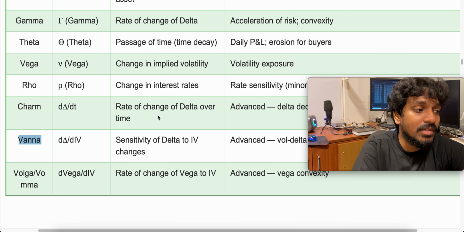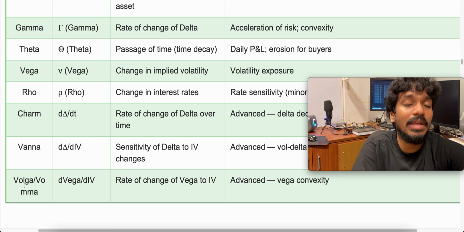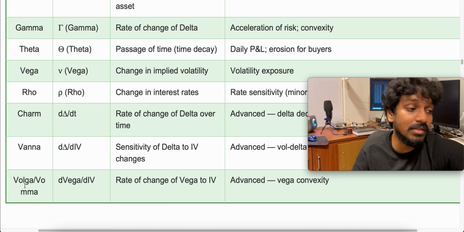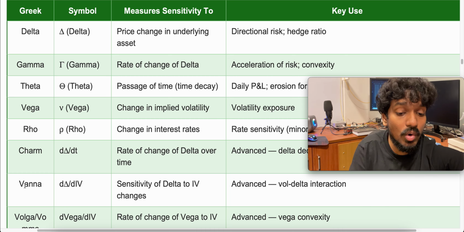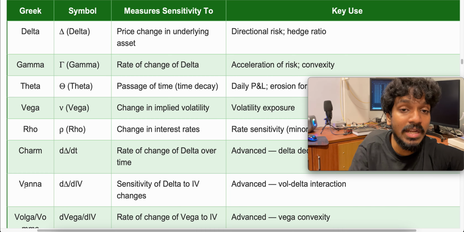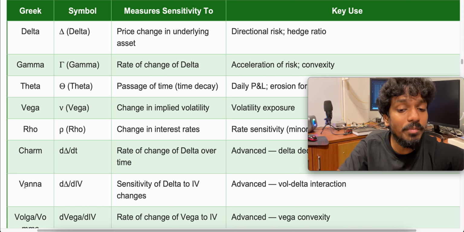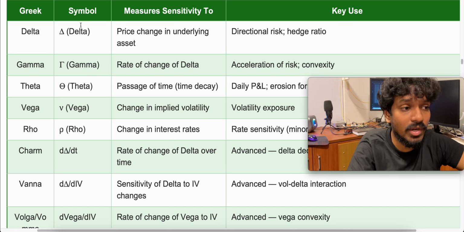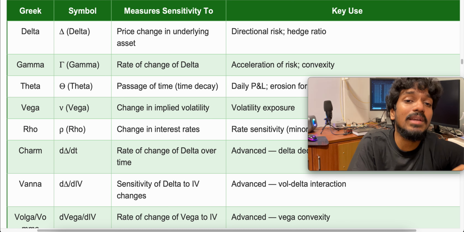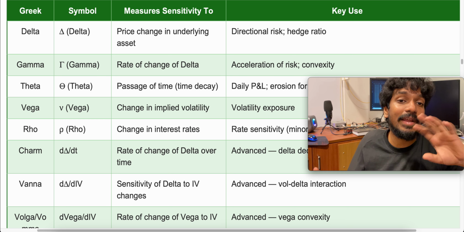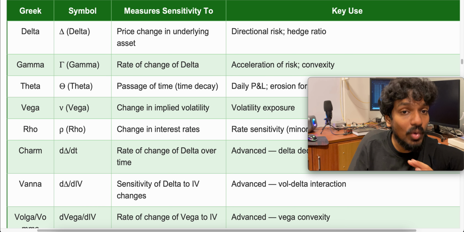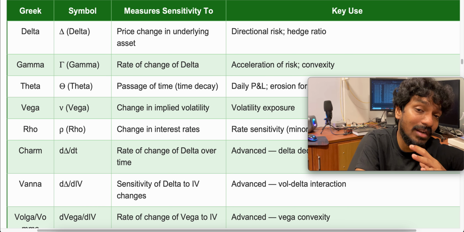Mainly we use Vanna and Volga only in rare cases, but all of these are used by exchanges, brokers, and index funds or options desks to find out what exactly is happening, how the strike price is moving, and how the volatility is compared. Everything is done by this.